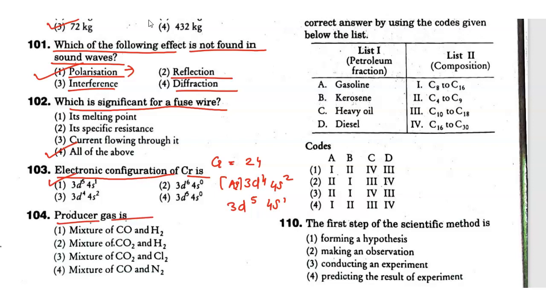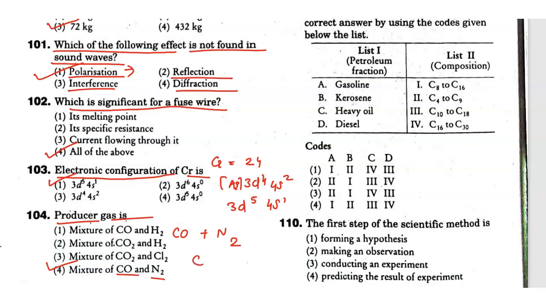Now producer gas is the mixture of basically CO and H2, CO2 and H2, CO2 and Cl2, CO and N2. The correct answer is option 4. It is CO and N2. So producer gas is a mixture of CO and N2.